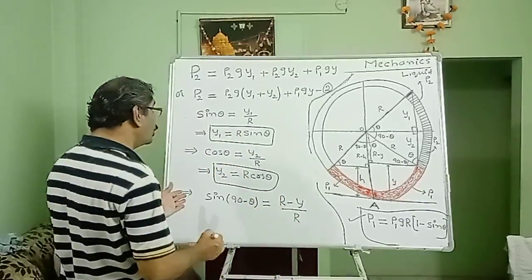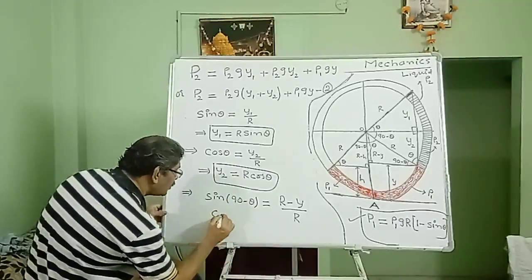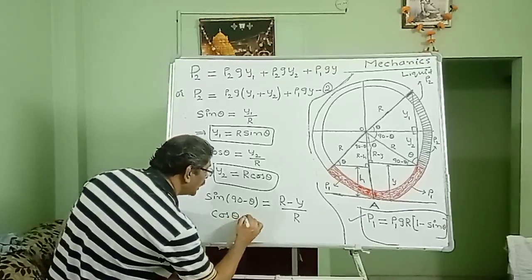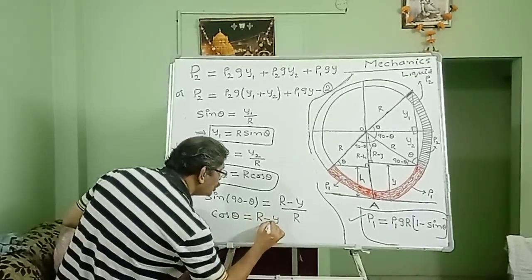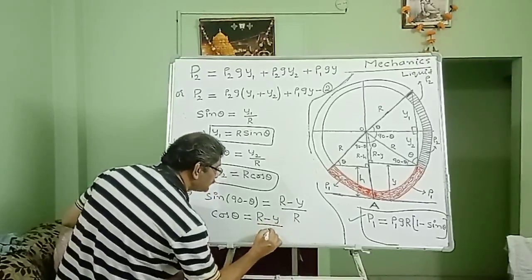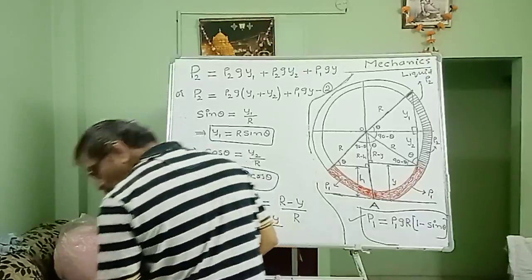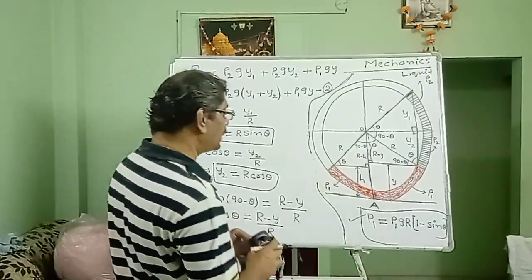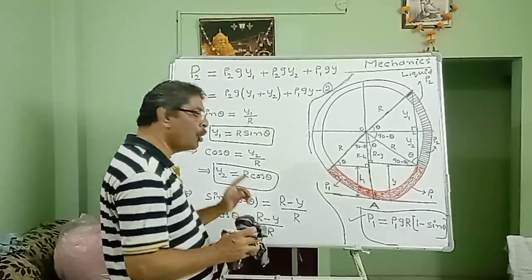You already know sine 90 minus theta will be numerically equal to cos theta. That will be numerically equal to r minus y divided by r. Now cross multiply and find the value of y.